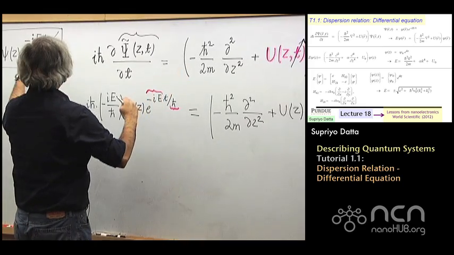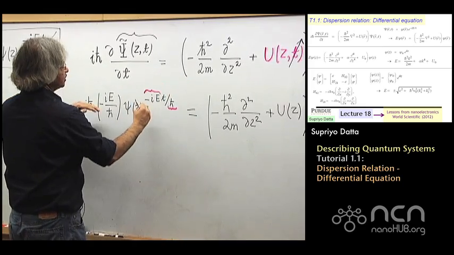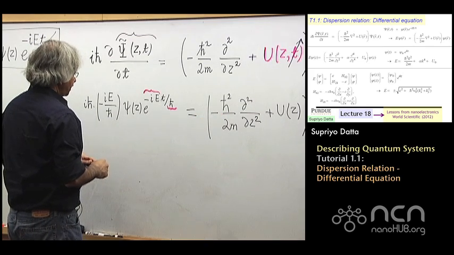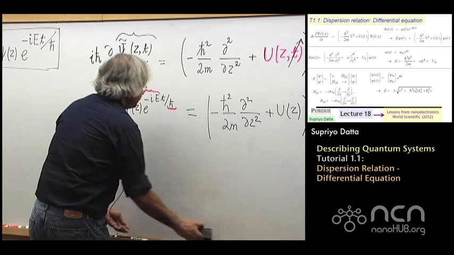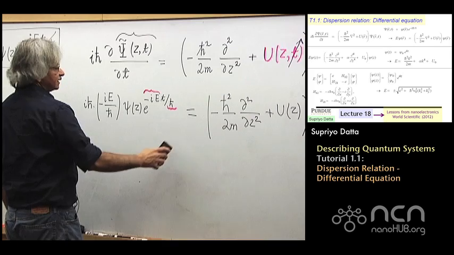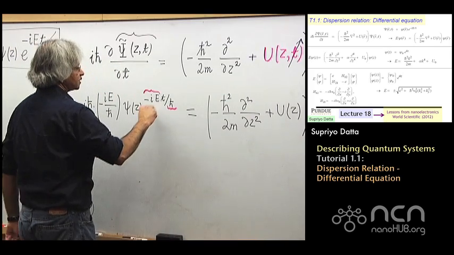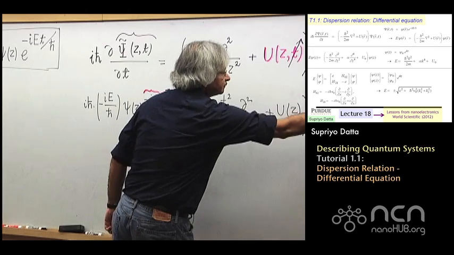Right. So if you assume this exponential form of the solution and put it in there, then this is what comes out automatically. Okay, so now you see I can cancel out this exponential factor from both sides.